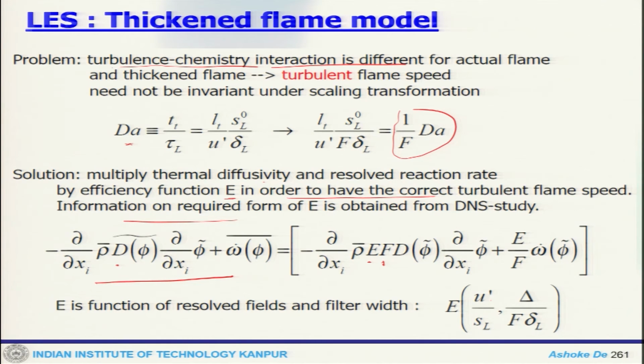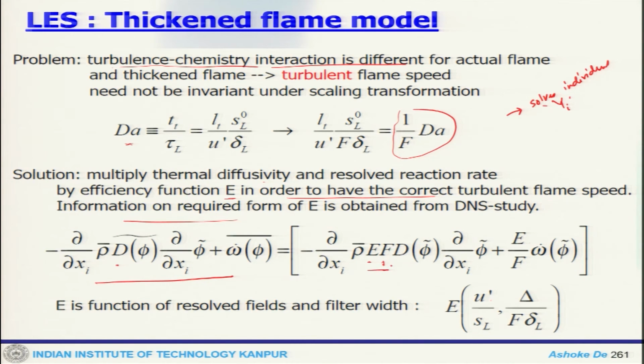Now there are some advantages and some disadvantages with this particular model. It solves for individual species mass fractions Y_i, that means it solves an individual mass transfer equation for each species.